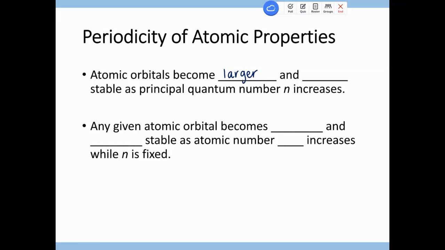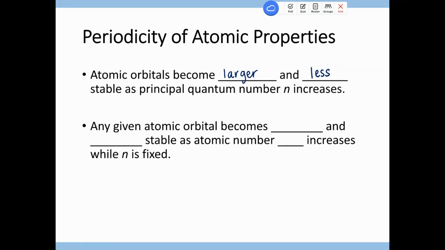Also, you might remember when we drew the orbital energy diagrams, when we drew those orbitals on an energy scale, so energy increasing bottom to top, the 1s orbital is the lowest energy, and then 2s, and then 2p, et cetera. So as atomic orbitals become larger, they also become less stable.